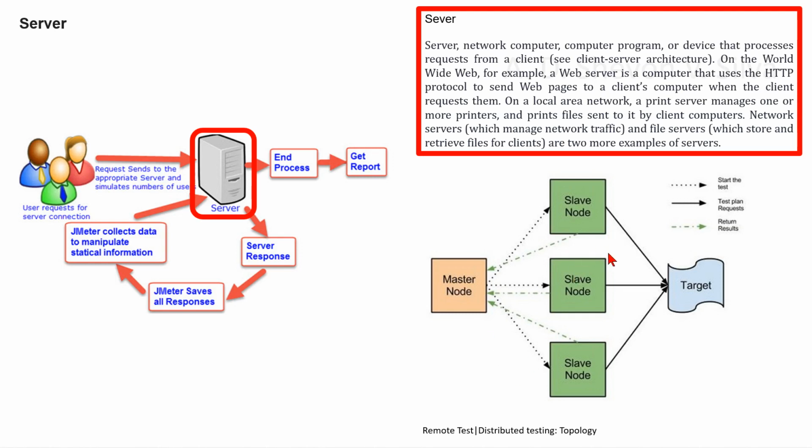Slave server, slave remote node: the system running JMeter in server mode, the JMeter server, which takes commands from the client and sends the test plan requests to the target system. Target: the server to stress test.